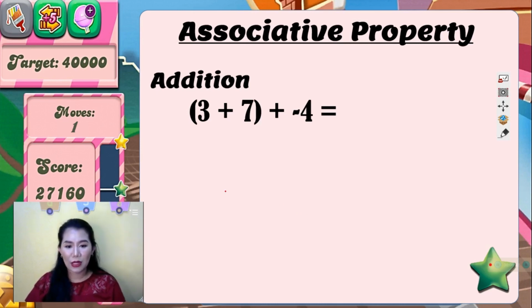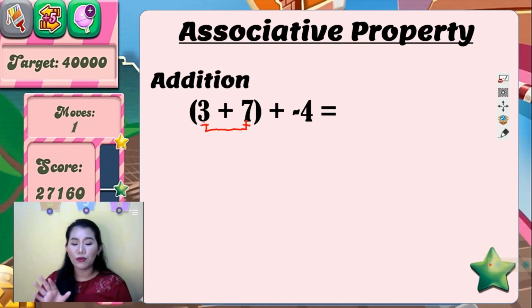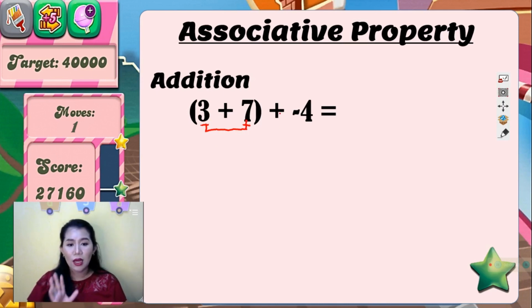Ibig sabihin daw nito, kung meron tayong 3 plus 7, na nakaparenthesis, added by negative 4, kapag nakakita kayo ng parenthesis, you have to get that first. So, kailangan mo munang isolve yung 3 plus 7, added by negative 4.